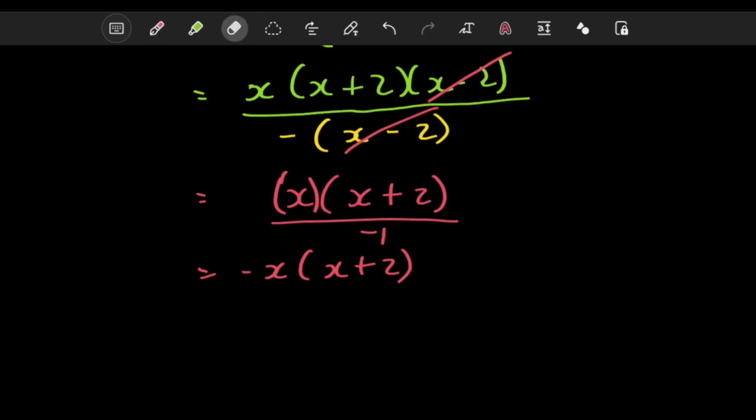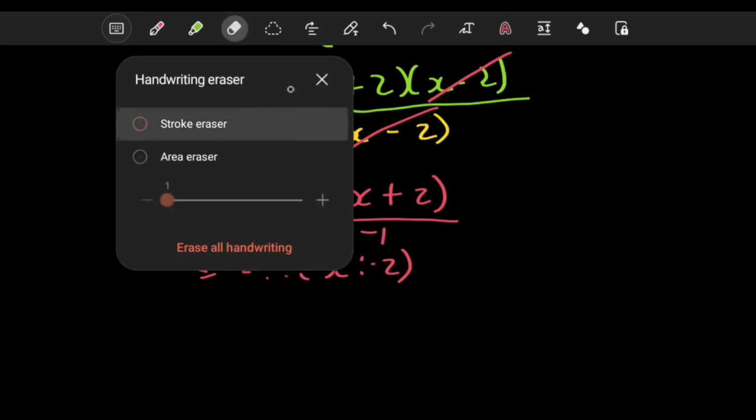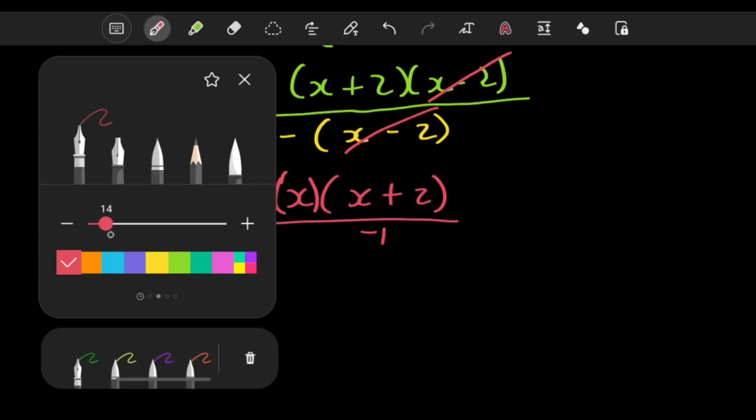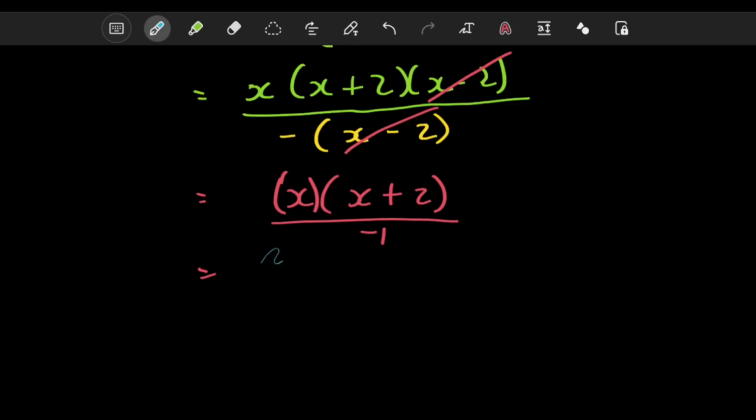So if you're really curious as to why it's like that, you can think to yourself, at the top you can take out a 1 as a common factor.